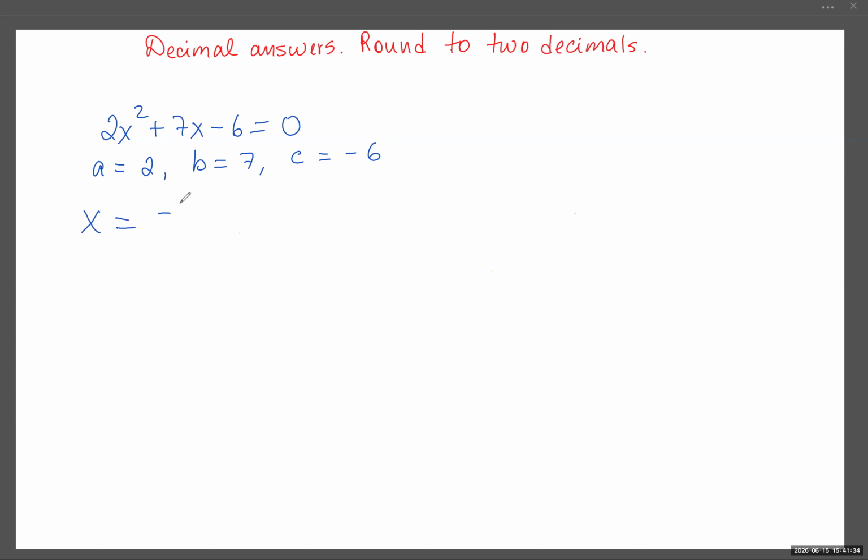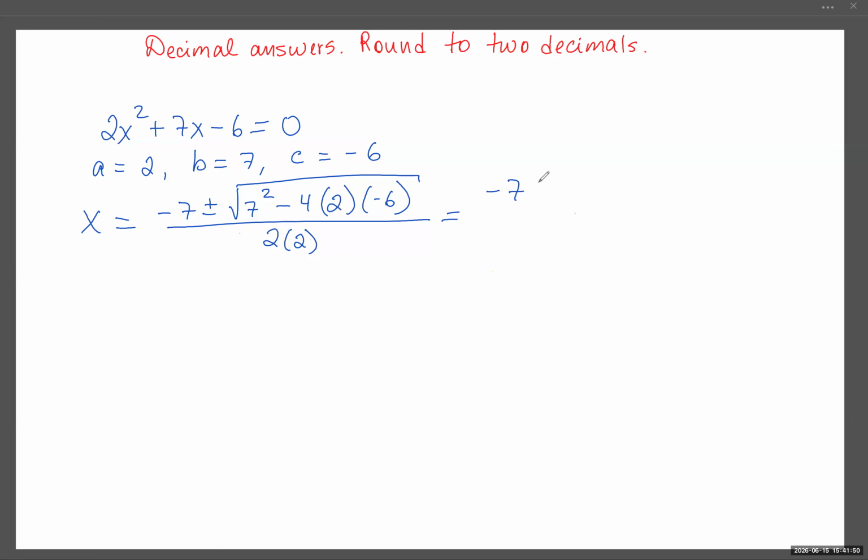x equals -7 plus or minus square root of 7 squared minus 4 times 2 times -6, divided by 2 times 2. So that's -7 plus or minus square root of 97 divided by 4.